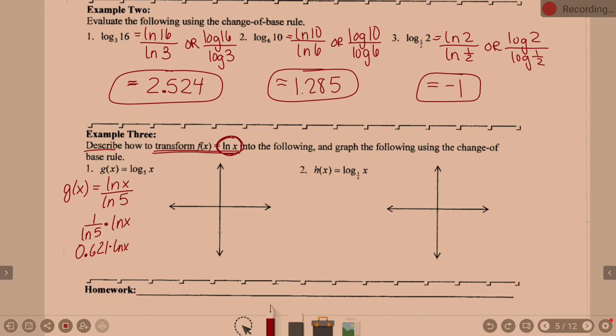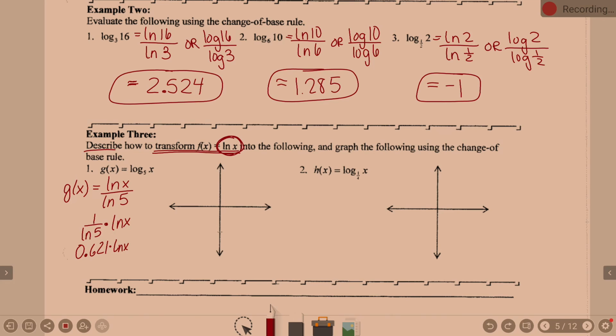Just like if a number was being added or subtracted, it'd move it left or right or up or down. If it was multiplied by a negative, it'd be reflected. Is any of this sounding familiar? Okay. So the idea here is that because it is this 0.621 times the natural log of x, this is a vertical shrink or compression by a factor of that 0.621 or 1 over natural log of 5.